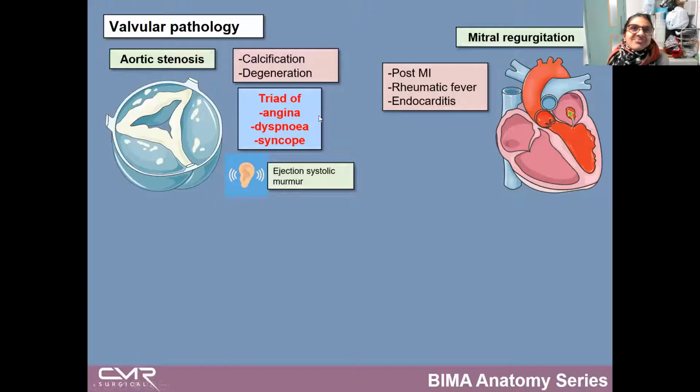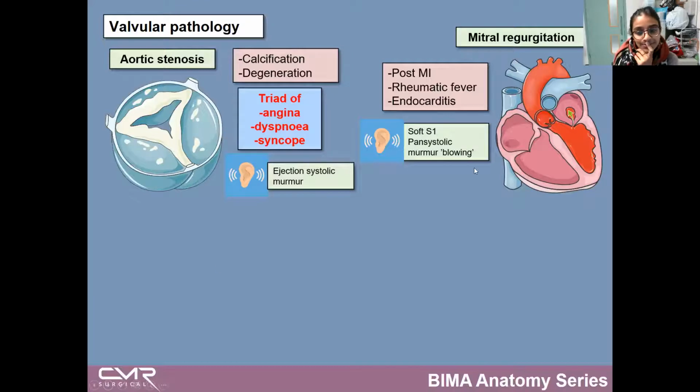If you've got a 40-year-old woman, women are more prone to getting rheumatic fever and valvular pathologies than men are. Think mitral regurg. Endocarditis is also a cause of mitral regurg and of the others as well. So if anybody asks the cause of a mitral stenosis or regurg, my top differentials are always rheumatic fever or endocarditis.